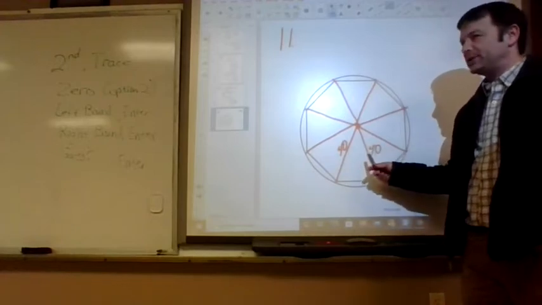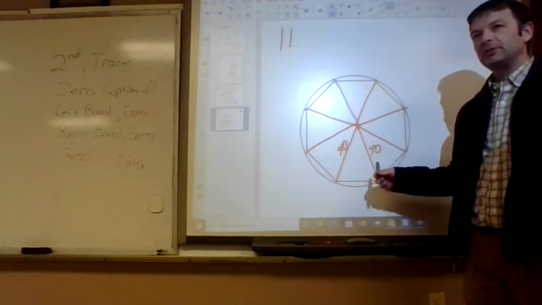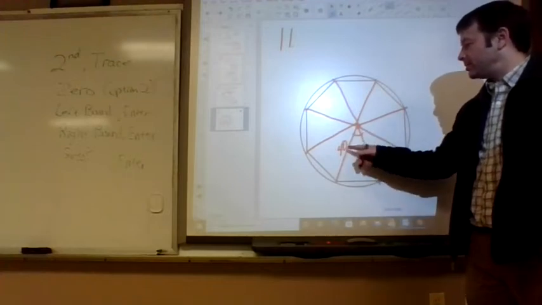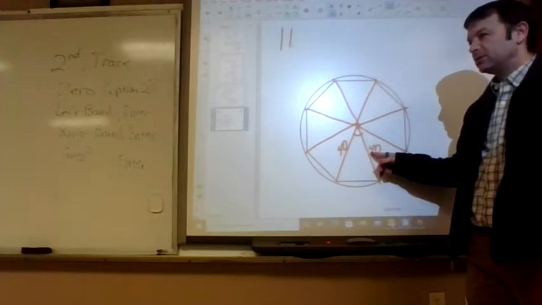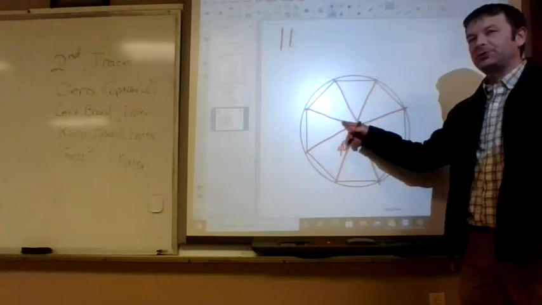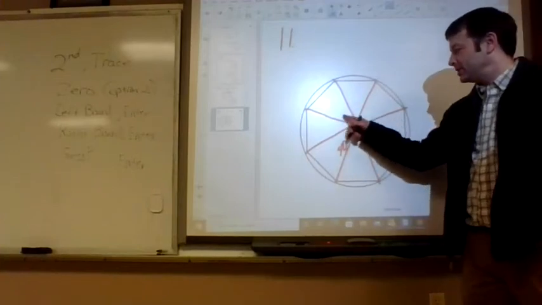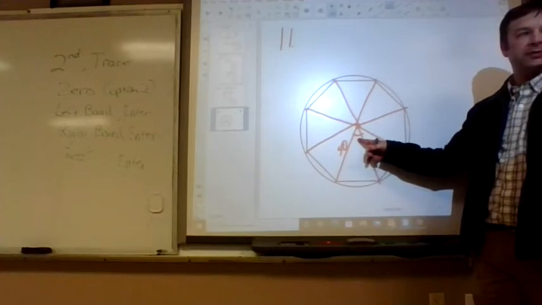But to use the area formula, what am I missing? The angle. Right, you need an angle between the sides. The whole circle is 360, so if we do 360 divided by 8, that will give us one of the angles right here.